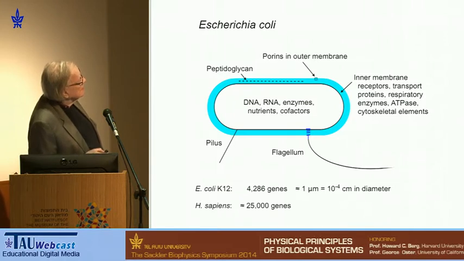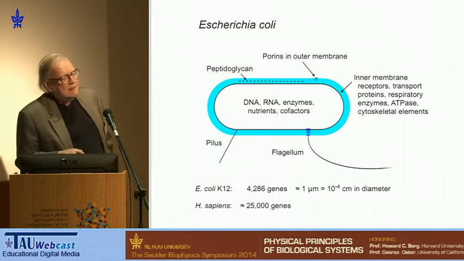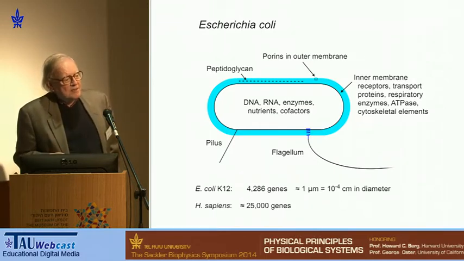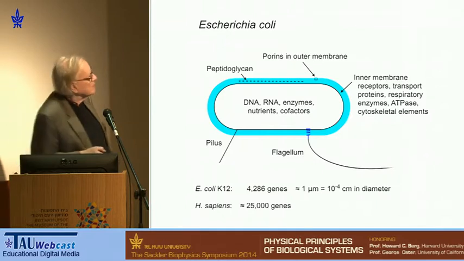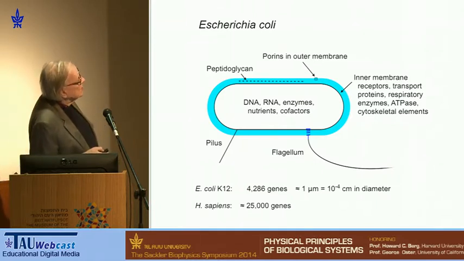So then you have the inner membrane, and the inner membrane of this cell is like the outer membrane of an ordinary eukaryotic cell. It's like a red cell membrane. It's impermeable to anything charged. And it has in it receptors, transport proteins, respiratory enzymes, ATPase. And on the surface of it, it has some cytoskeletal elements.